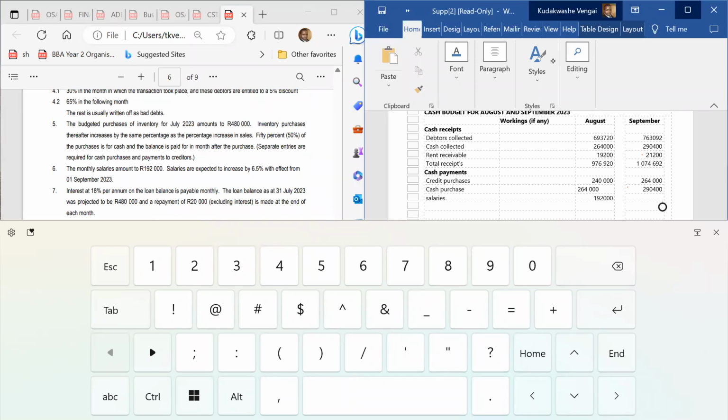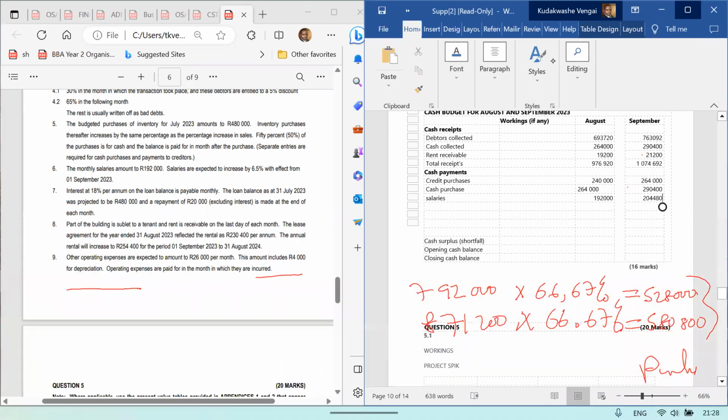It tells us it increases by 6.5%. So 192,000 multiplied by 1.065 gives us 204,480, from that increase of 6.5%.